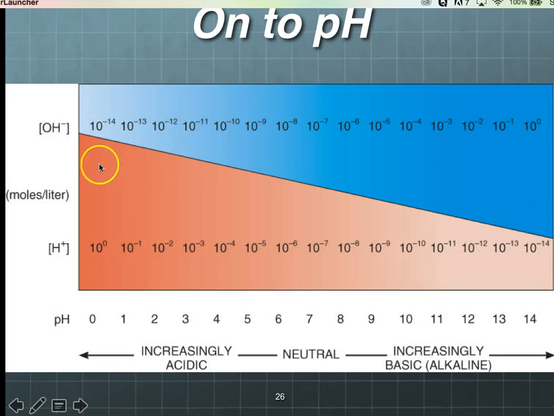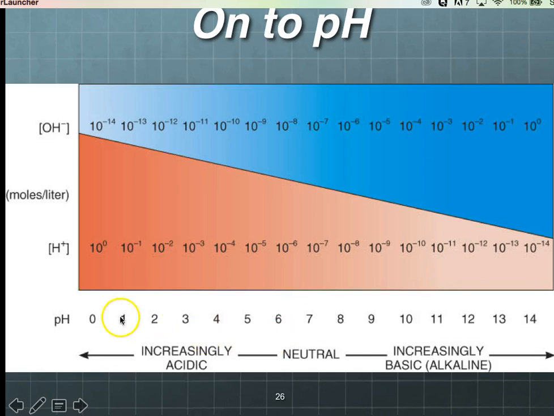Okay? So just very simply, the more hydrogen ions we have, the more acidic something is going to be, our liquid's going to be. The fewer hydrogen ions we have, the less acidic or more basic or more alkaline the solution is going to be. Okay, it's just that simple.